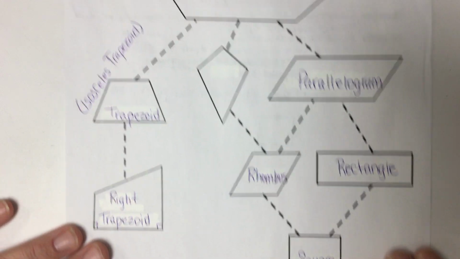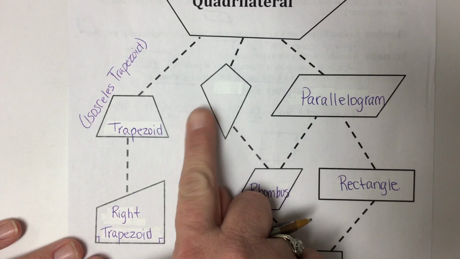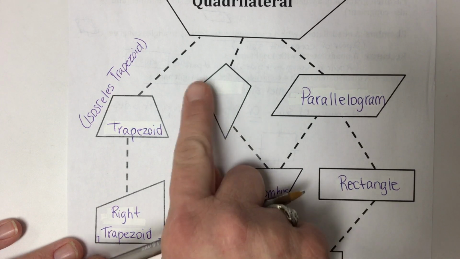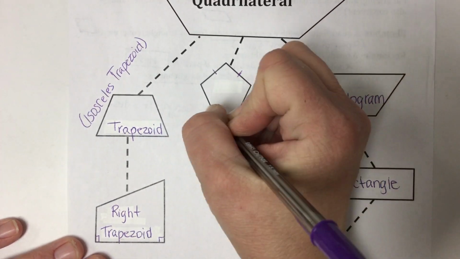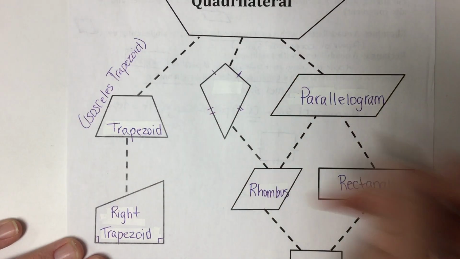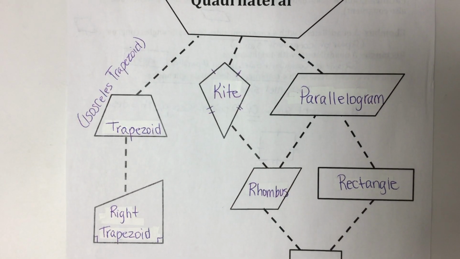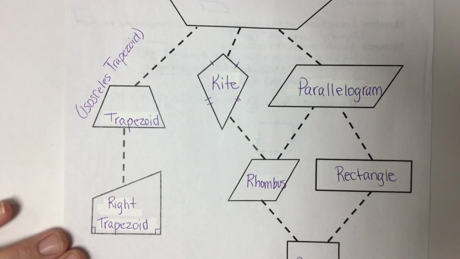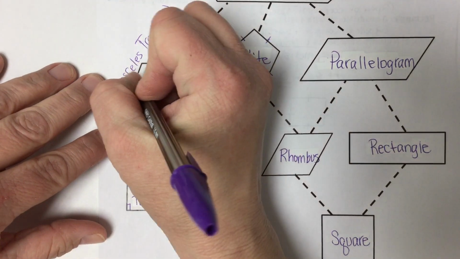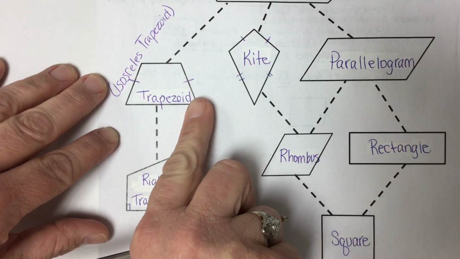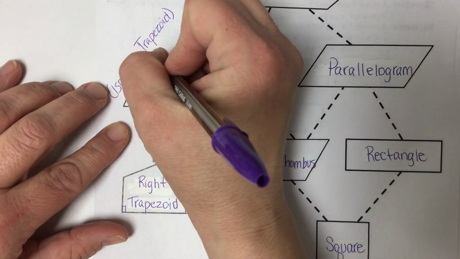Okay, all right, so this one has adjacent sides that are congruent. So that means this and this side are congruent, and these two sides are congruent. This is your kite. Okay, so again, trapezoid, isosceles trapezoid has two sides that are congruent and only one pair of parallel lines.